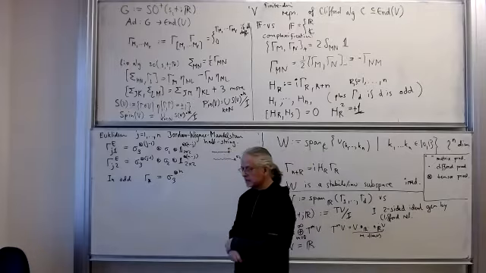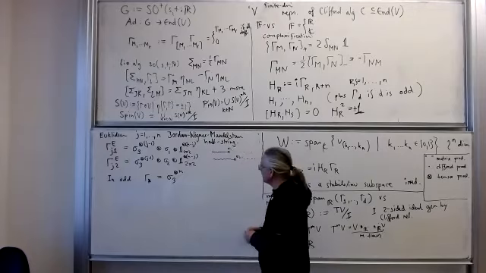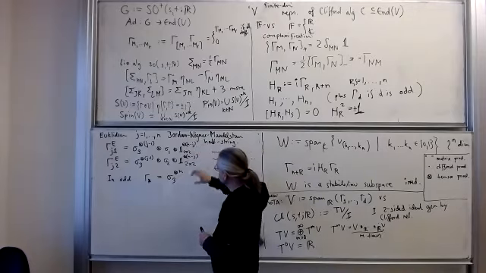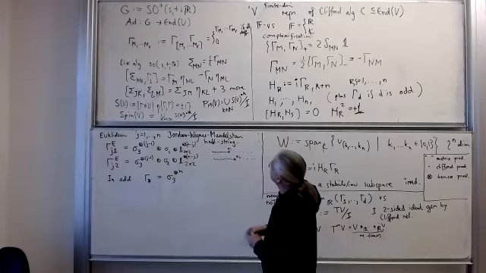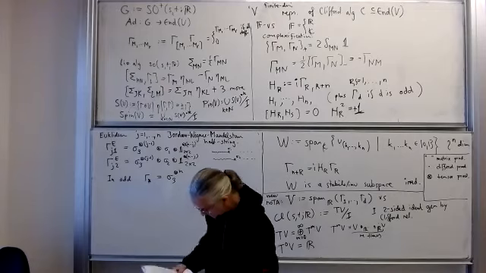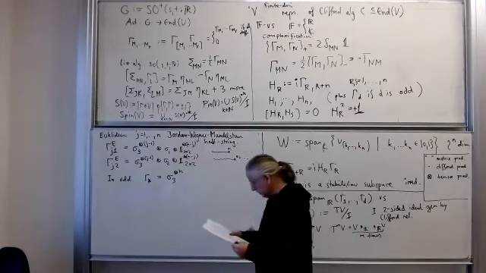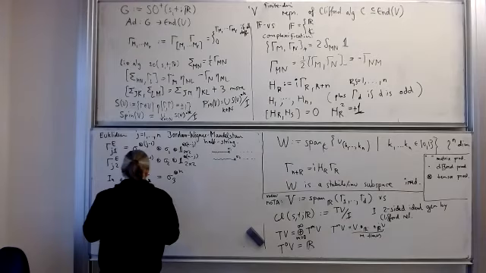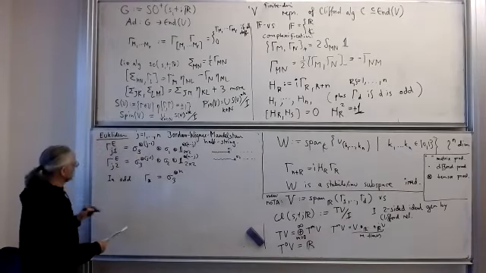I cannot see, not everybody has turned their cameras on, but I see many nodding that this actually gives you a representation of the Clifford relations. So that's how we would do it in Euclidean signature.